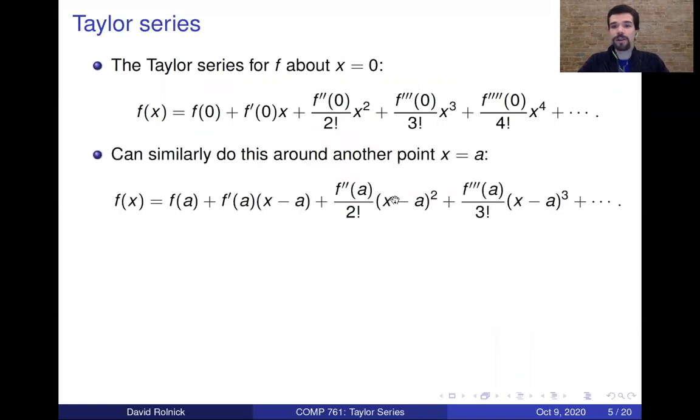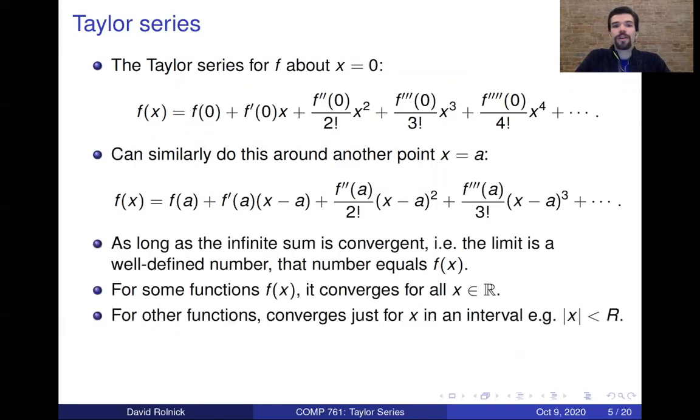We're not going to be talking really about Taylor series around other points, but you can also do that. As long as this infinite sum converges, as long as it is a well-defined number, it is going to be equal to f of x. There will be situations where it doesn't converge for some values, and we'll see some of those later today.